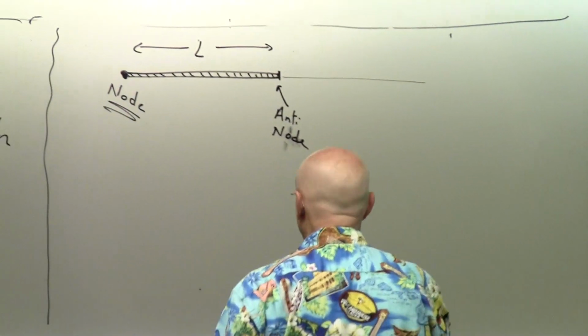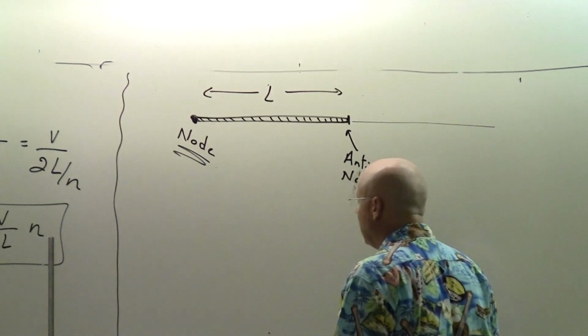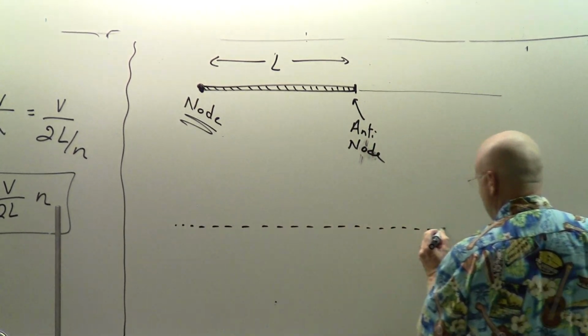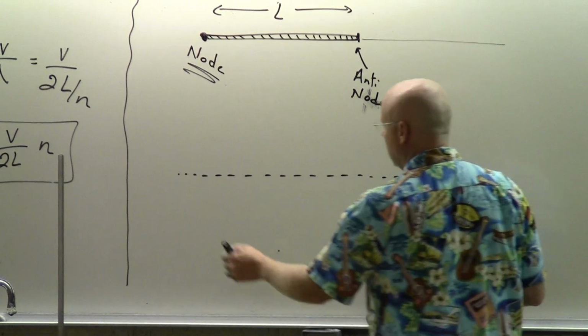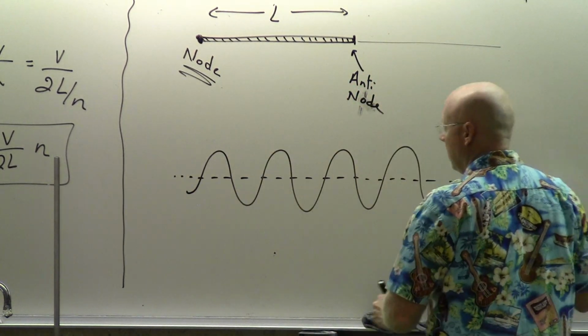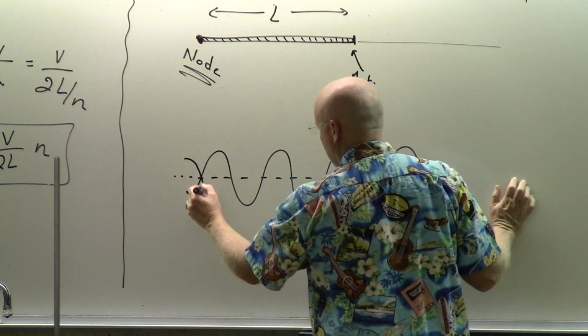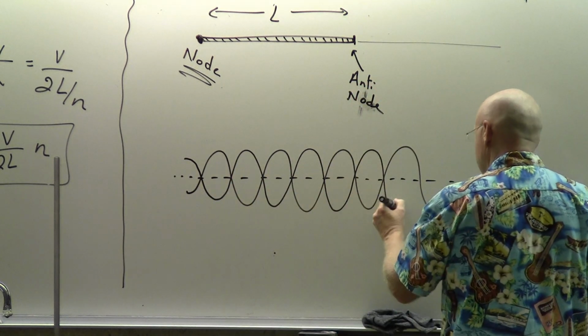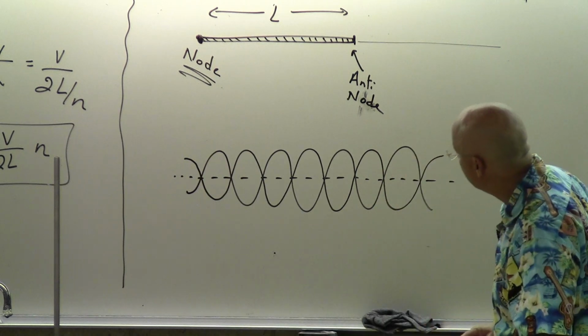Let's see if we can draw a few of these. And so I'll say, here is a dotted line of a general pattern of a standing wave. Let me just draw a standing wave. A moment later it would look like this. Okay.